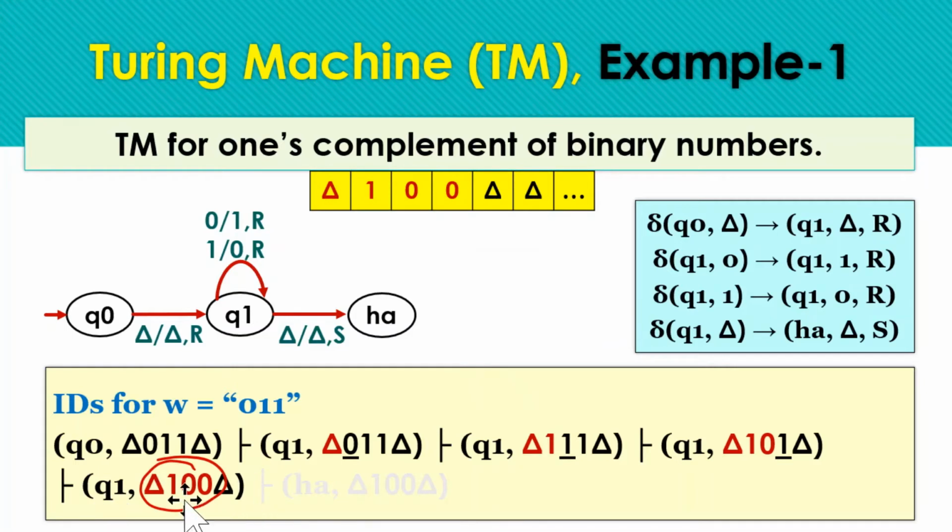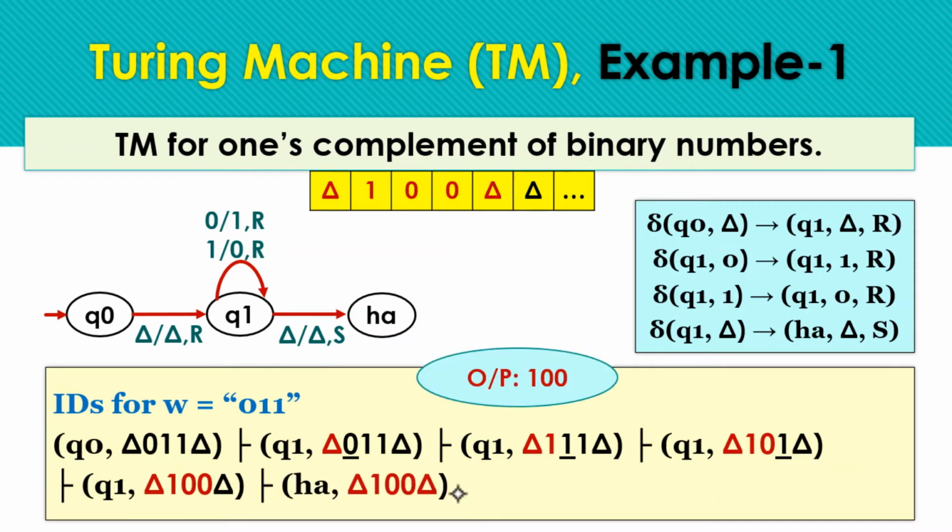Present tape symbols are these, and this is the present state Q1. The next symbol to be considered is this blank, and we have to read this blank and replace it with blank and move to the halt accept state, and here is the corresponding ID, and we can declare the final output is this 100. So we have successfully converted the input string to the corresponding ones complement of the same, and here are the output symbols on the tape now.